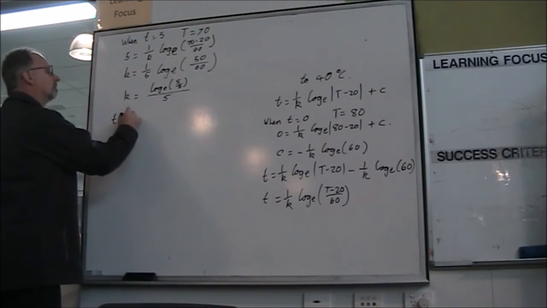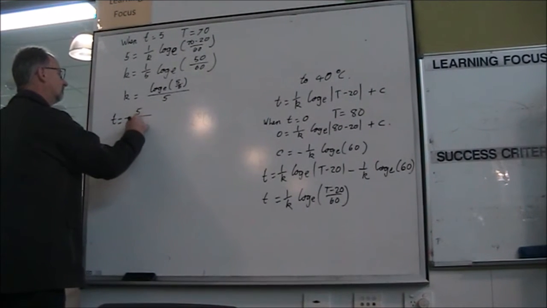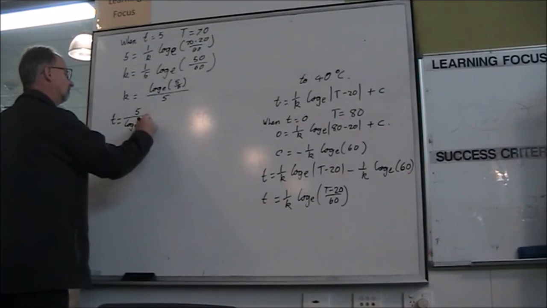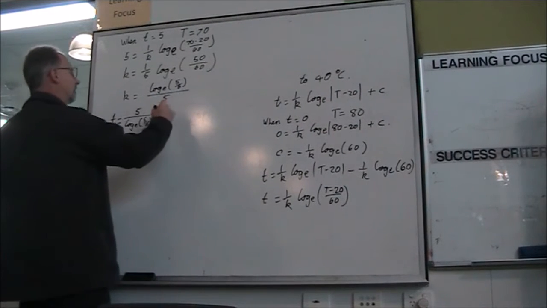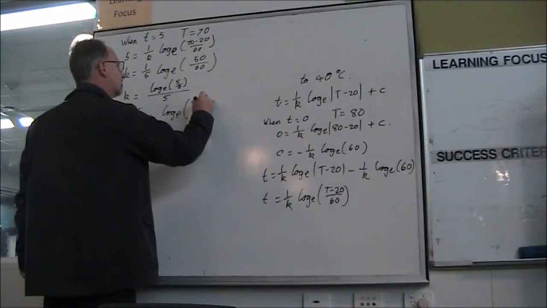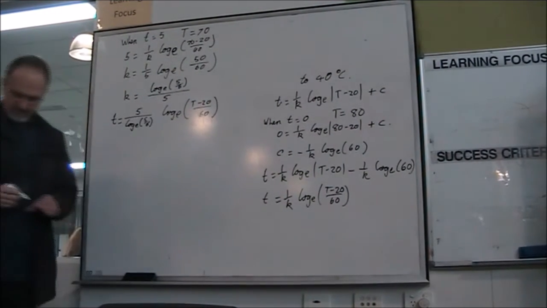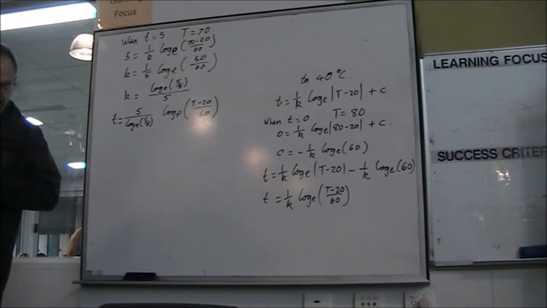So t equals, it'll now be the 5 on the top, and then log to the base e, t minus 20 over 60. And there we go.